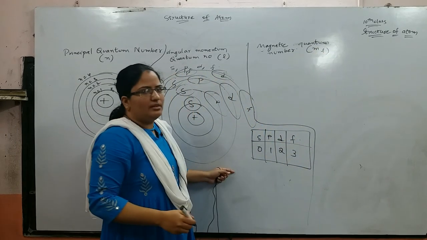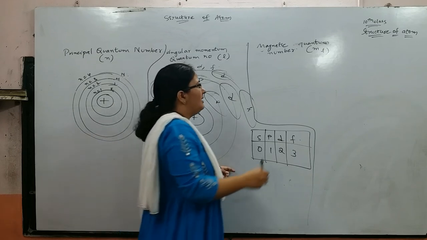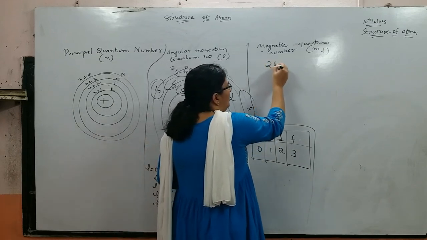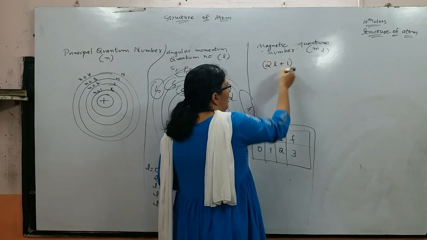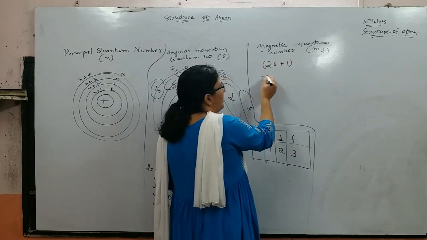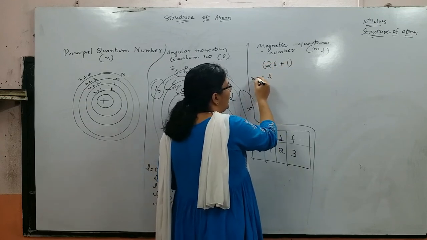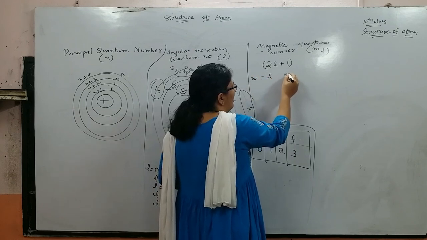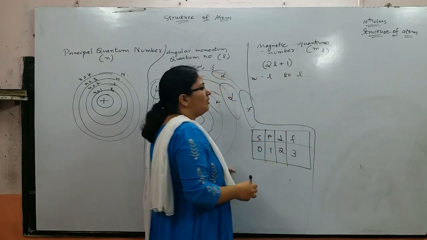For a given n value, for a given L value, you have 2L plus 1 orbitals, or the magnetic quantum number takes values from minus L to plus L including 0.